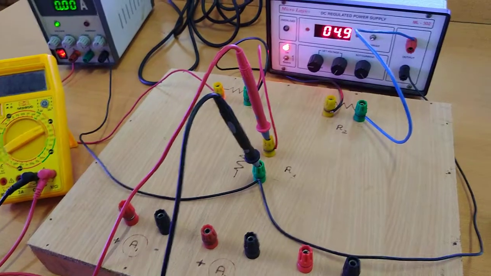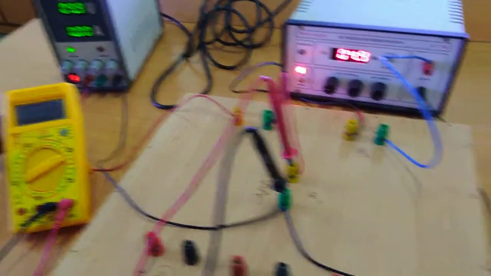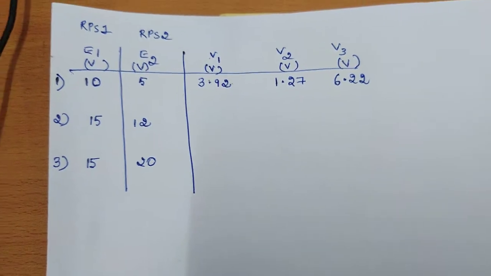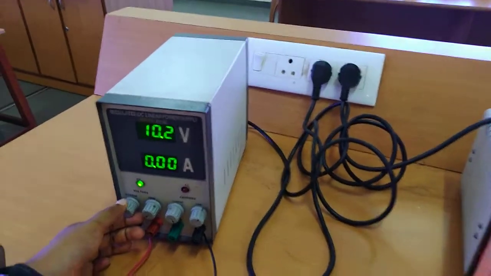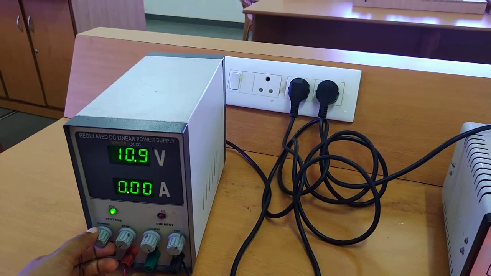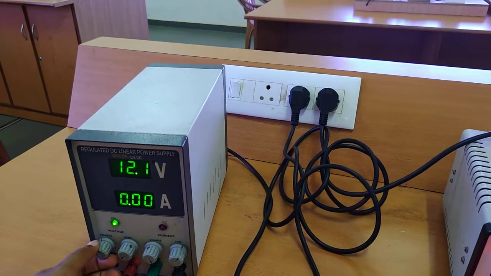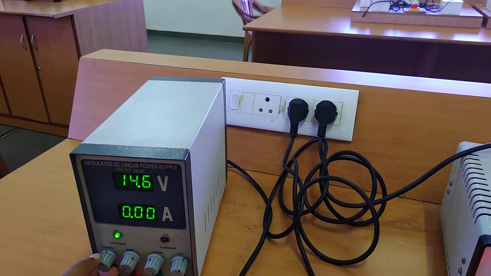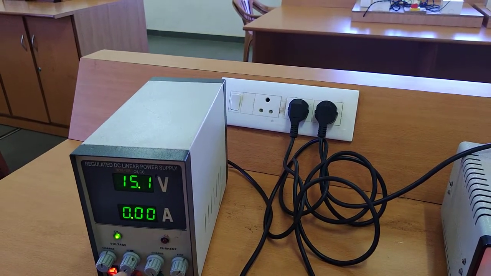Similarly, let me perform the second case. For the second case, as I have already told you, the first voltage is 15 volts and the second voltage is 12 volts. The first one is already set.